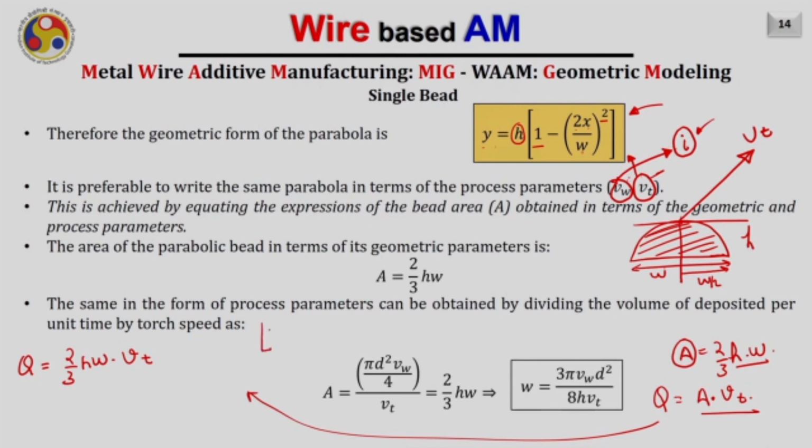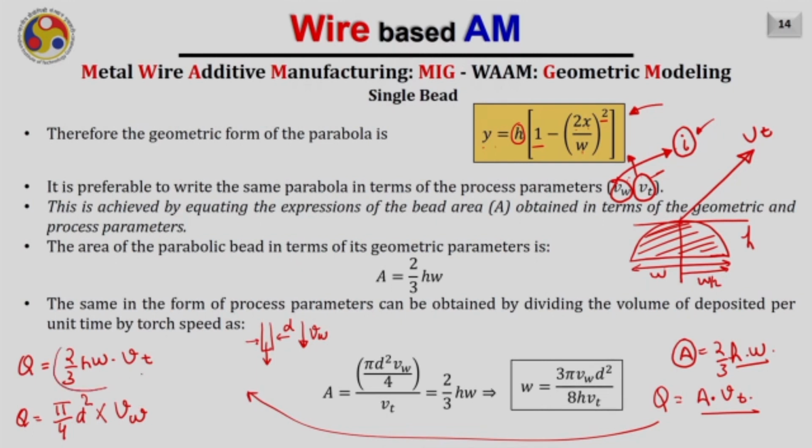Also, the wire is coming, and the wire diameter is assumed to be D, and this wire is coming towards the molten pool with the speed Vw, that is the wire speed. So the volume rate of the wire input into the molten pool will be Q equals the cross-section area of the wire, that is pi by 4 d square, multiplied by the velocity of the wire, that is Vw.